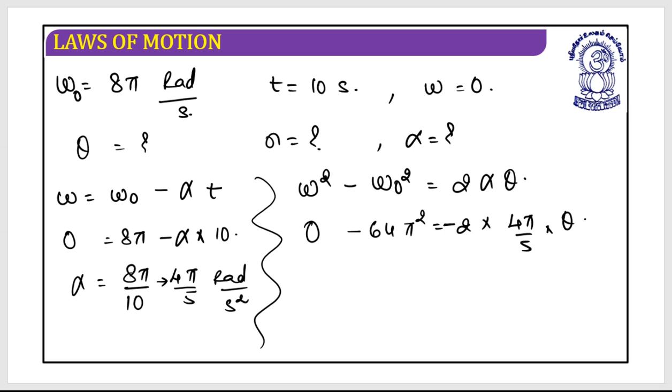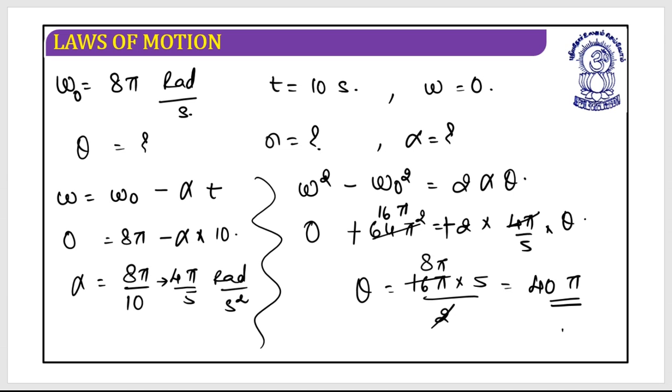Even this would be negative because alpha is negative, so the minus has gone. 64 pi square, so 16 pi would be left. So theta would be equal to 16 pi multiplied by 5 divided by 2. It's 8 pi, so this is equal to 40 pi. This is theta, 40 pi radian.